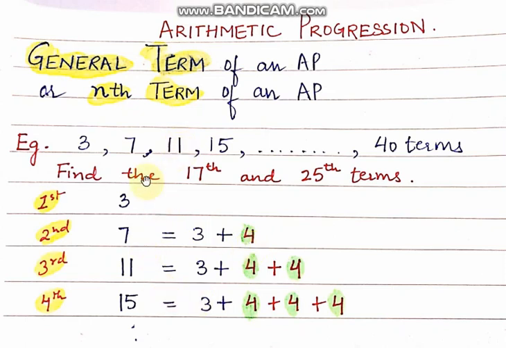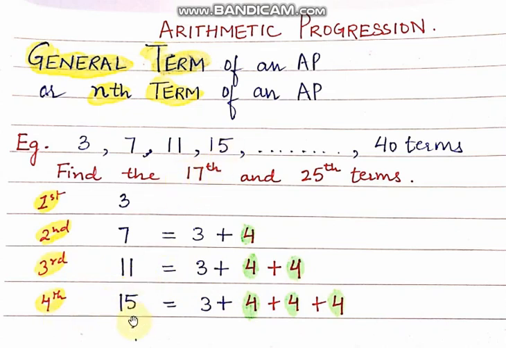Then the third term, 11. How has 11 been obtained? By adding 2 jumps to my first term. 3 plus 4 has already given me 7, and then plus another jump to get 11, which is the third term. In few words, first term plus 2 jumps has given me the third term, 11.